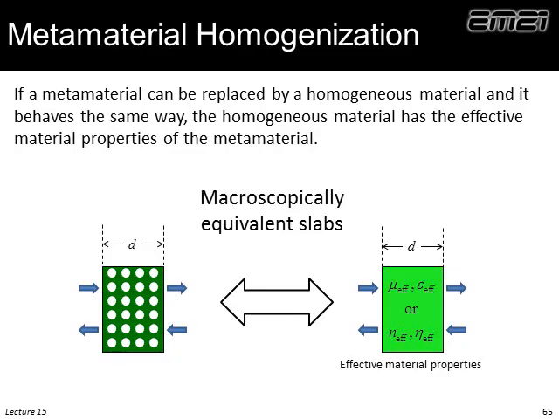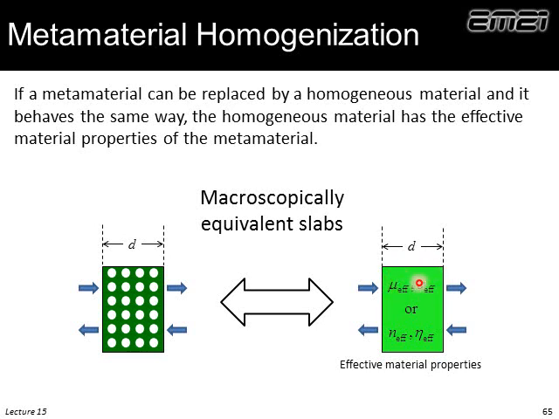The overall concept. We started with some kind of engineered material, whether this is a mixture, a metamaterial, a photonic crystal, but it had some thickness D and it has some scattering properties to it. If we can replace this with a homogeneous slab of the same thickness and get the same scattering response, whatever properties we use in here are our effective material properties.